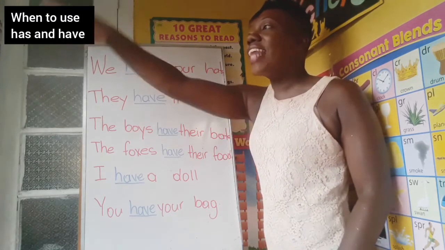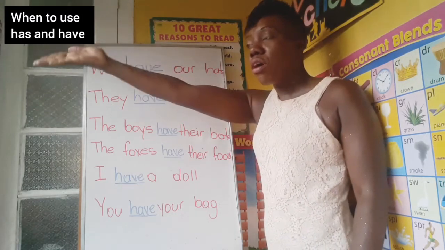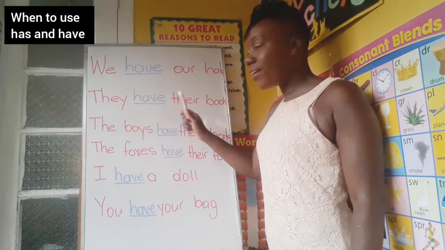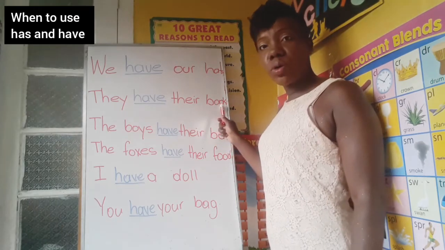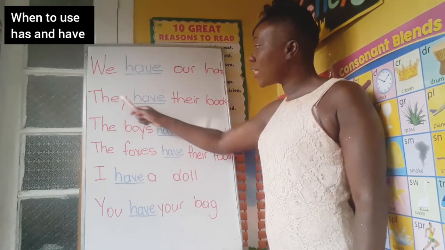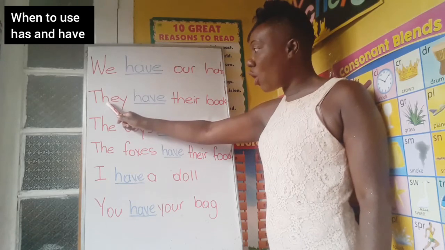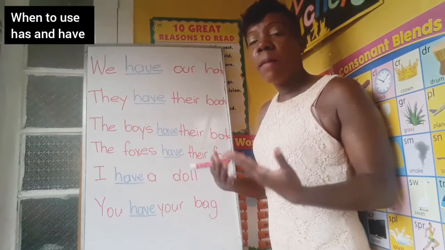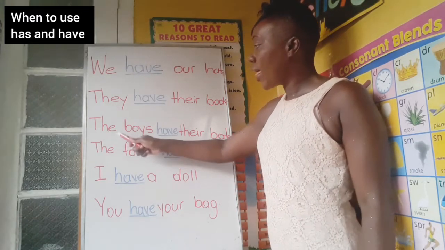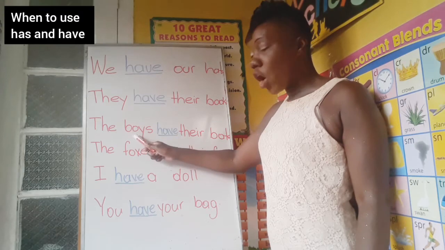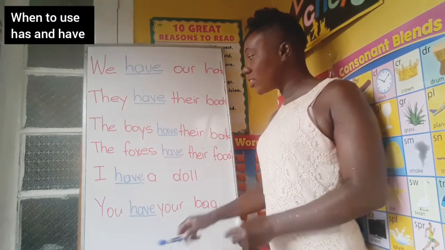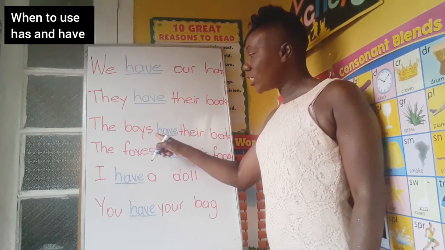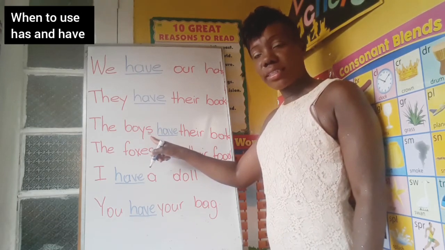They, you're referring to people. They have their books. So we use have with this pronoun because it's referring to more than one person. So it is plural. The boys. Boys is now plural because of the S. So it is plural, boys.